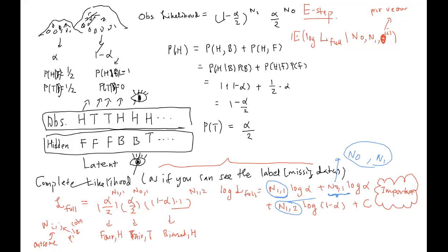But when you got N1, it could be N11 or N12. Since in your full model there's only N01, your N0 must be N01. So there's no ambiguity about this value, only these two. So our conditional expectation will focus on these two quantities. So we find the expectation of N11 given the incomplete data.